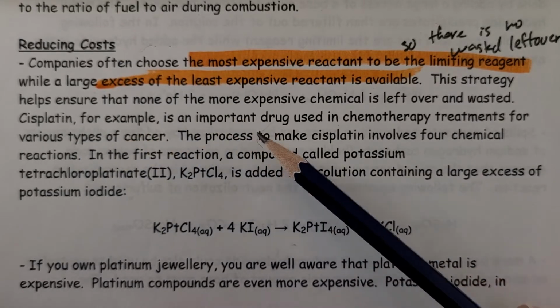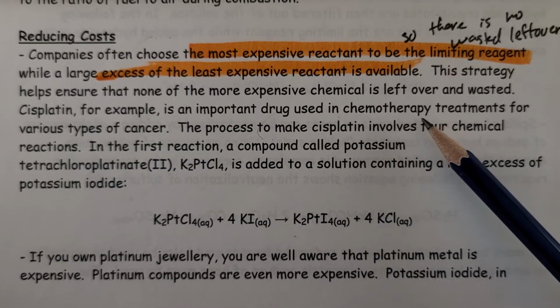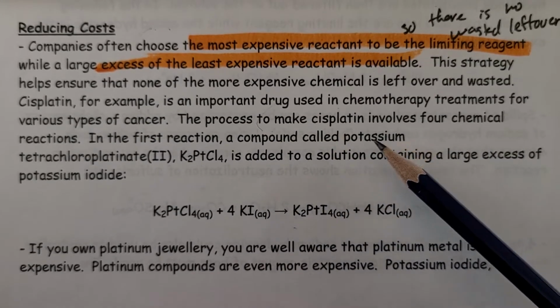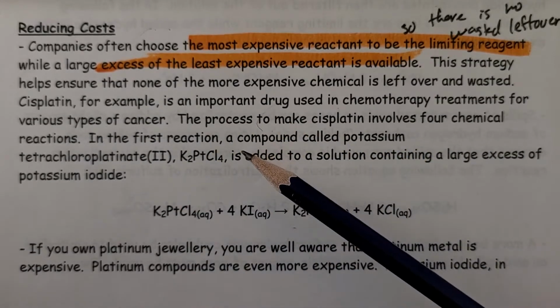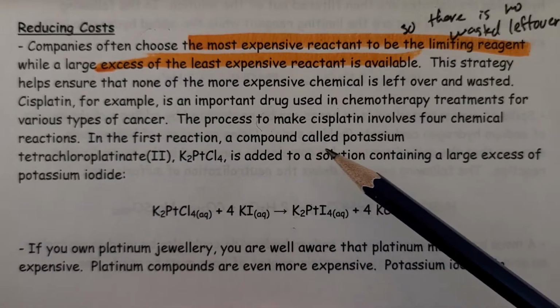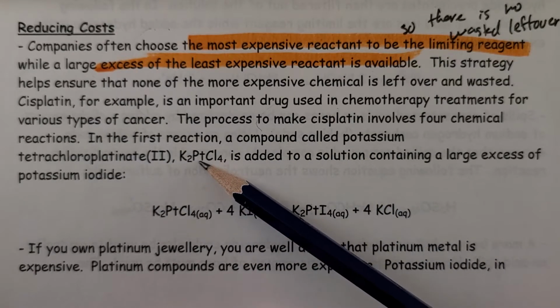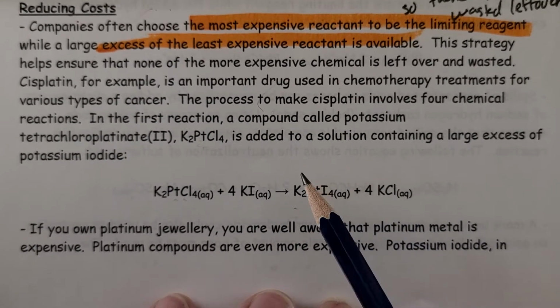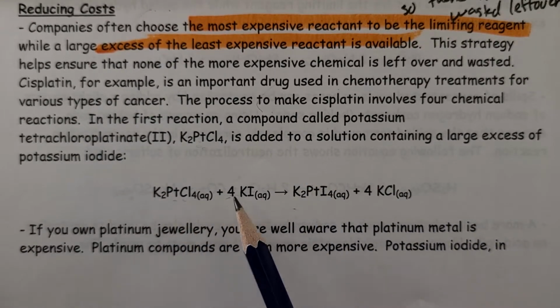Cisplatin, for example, is an important drug used in chemotherapy treatments for various types of cancers. The process to make it involves 4 chemical reactions. In the first reaction, a compound called potassium tetrachloroplatinate, which is this right here, is added to a solution containing a large amount of potassium iodide.